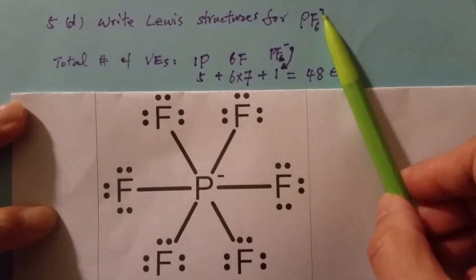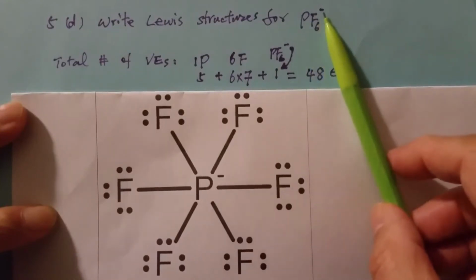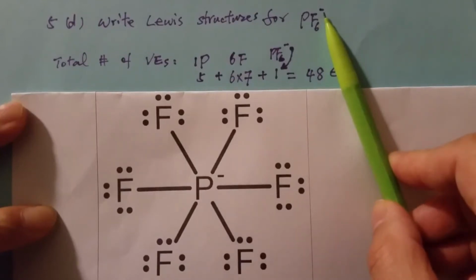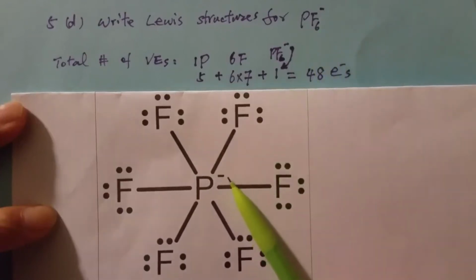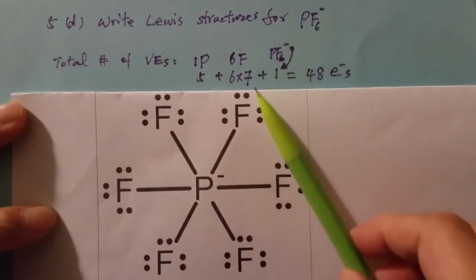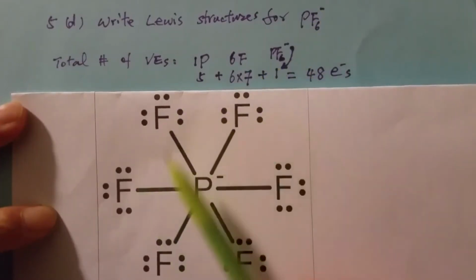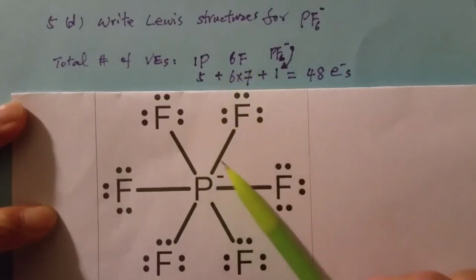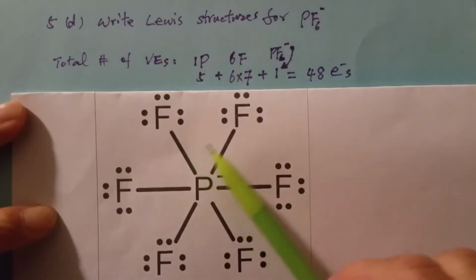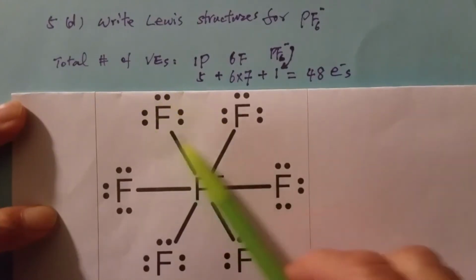Since this is a polyatomic ion, we will learn about the formal charges. So where should that charge be? Is it around the fluorine atoms, or around phosphorus? Let's take a look. For each fluorine, 8 electrons surround them.